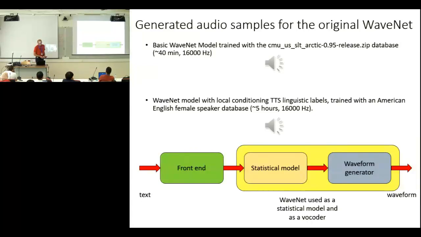Here are some samples. The first one was from my original experiment 3 years ago. I trained a wavenet without any conditioning. The wavenet learns noise, but noise has the characteristics of human voice. Let's hear it.